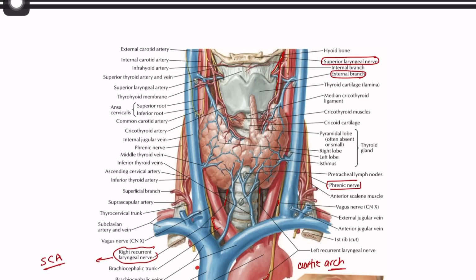As you see, the external laryngeal nerve goes all the way down, related to the upper pole of the gland. So the nerve injury could be one of two things. You either have the recurrent laryngeal nerve injury, which would be closer to the lower border of the gland, or the external laryngeal nerve injury, and that would be related to the upper border of the gland.